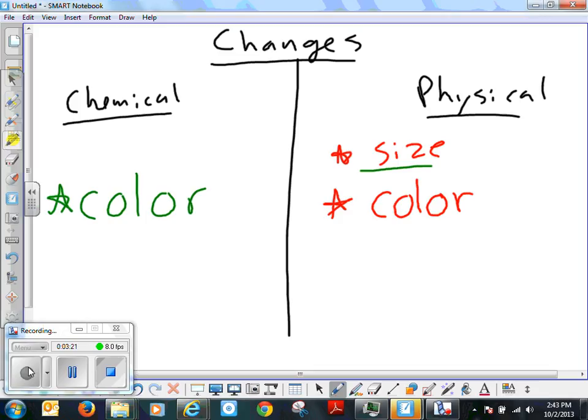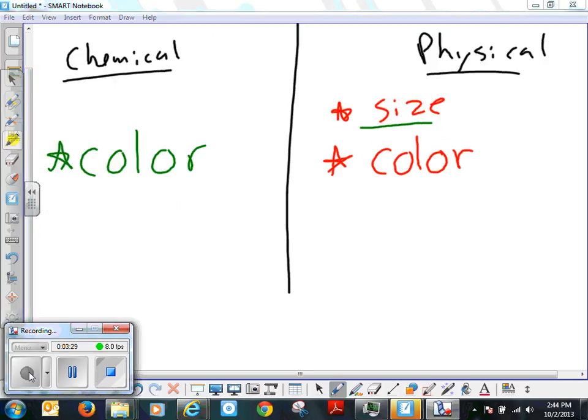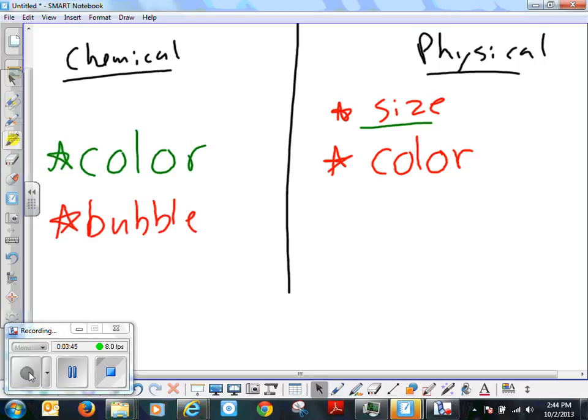Now, how about bubbles? If you see bubbles, is that physical or chemical? Okay, so people said mostly chemical, and I would have to agree with that. That is probably one of the biggest telltale signs that there's a chemical change.